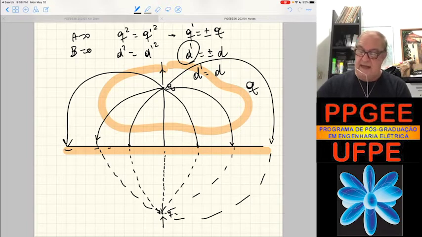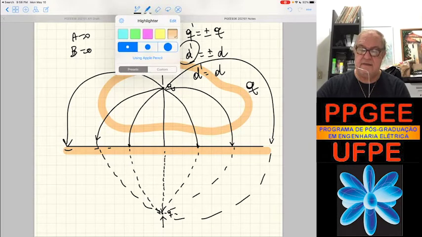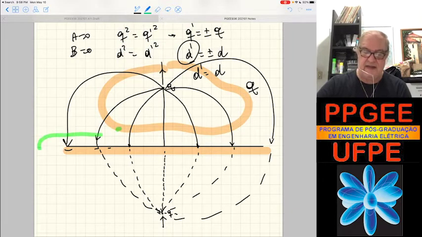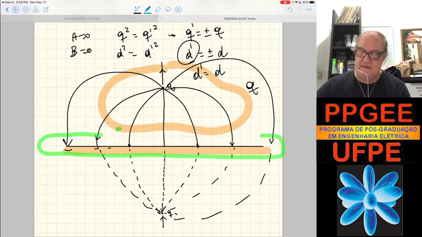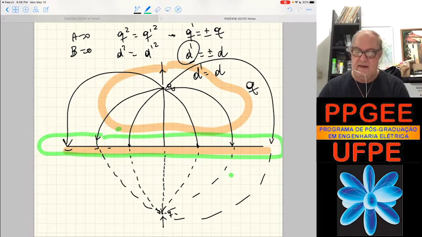So if I take a Gaussian surface like this, in fact there's no line, there's no real field here.